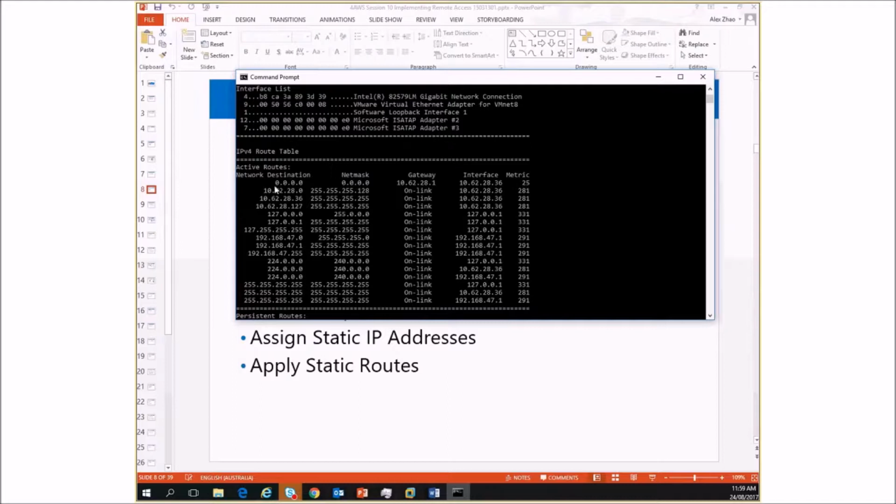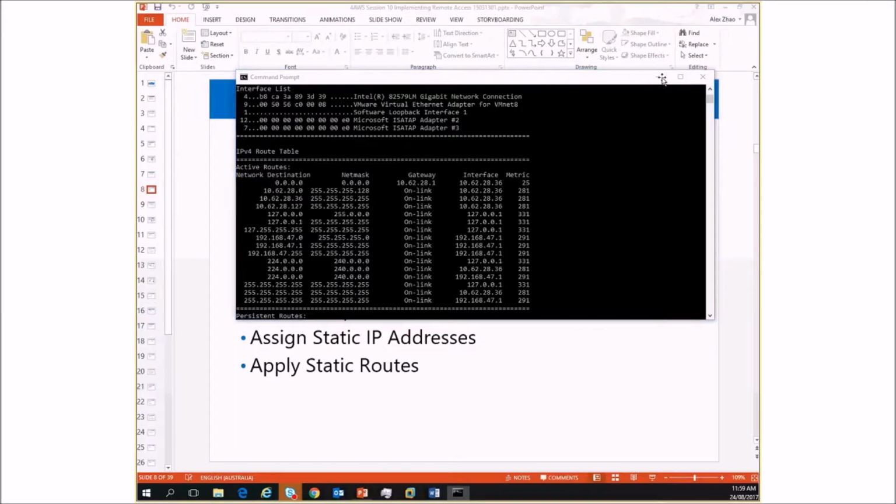If you read this, it says any 0.0.0.0 with a mask of 0.0.0.0 means anywhere. If I want to go anywhere that's not obviously my local network, I will use this IP address as my gateway, and that is the interface I send it out of. So that's the routing table of my particular computer.